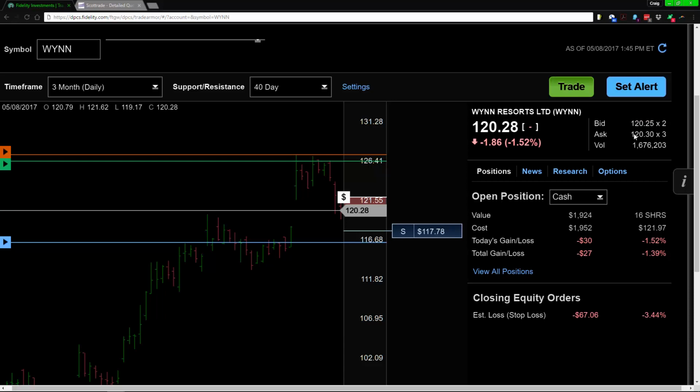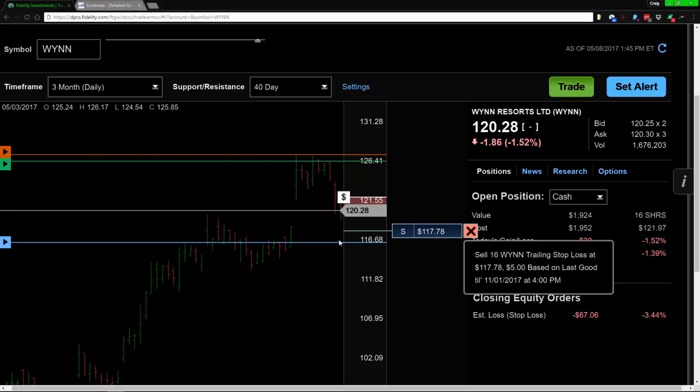That's that. So someone's willing to sell at, say, $120.30 per share, and someone's only willing to buy at $120.25 per share. Right. This is where volatility comes into play.